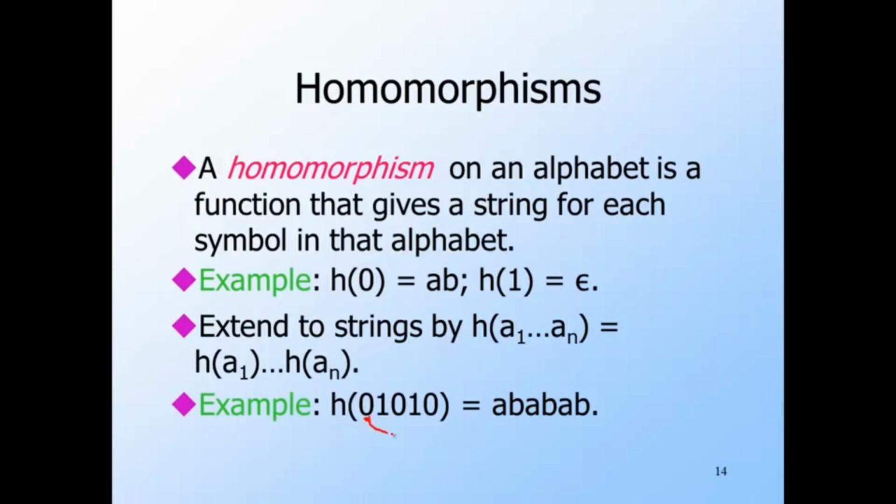That is, this 0 becomes that AB, this 0 becomes that AB, that 0 becomes that AB, and the ones are replaced by epsilons that sort of go in the middle there, but you don't see them, of course, because they're empty. Thus, H of 0, 1, 0, 1, 0 is AB, AB, AB.